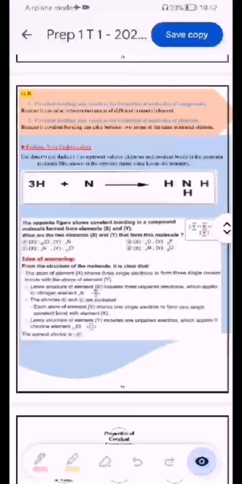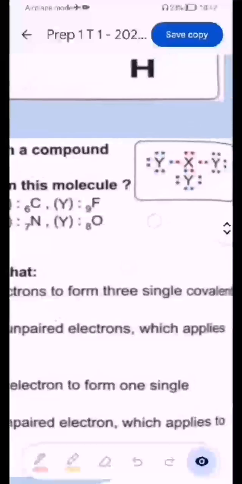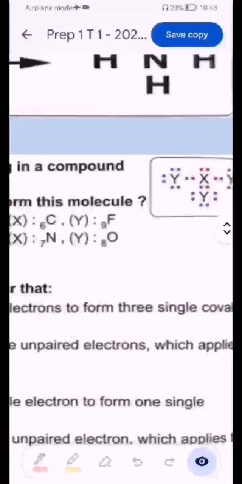The second question, look at this. We have a figure X and Y, okay? Y contains what in the outermost? Look at this. Y contains 1, 2, 3, 4, 5, 6, 7, okay? And X contains what? 1, 2, 3, 4, 5, okay?